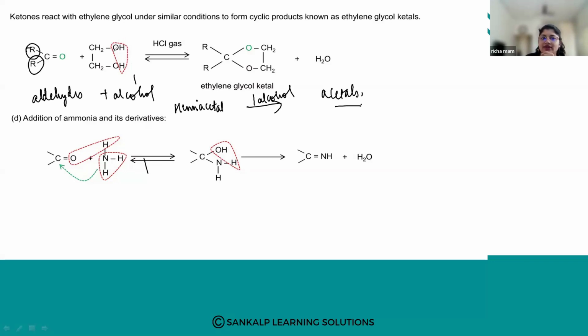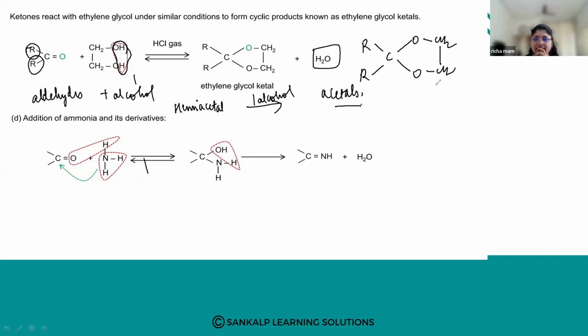In ethylene glycol, you can see there are two OH groups. So what happens when you pass HCl gas? This OH group forms a water molecule, H2O, and this is left. What you get is R, C, then O, CH2, CH2.